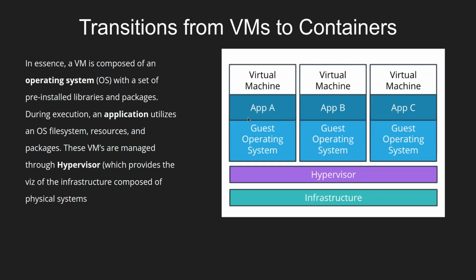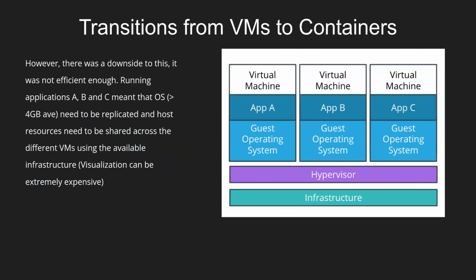So in this image, you will see that I've got a virtual machine A, B, and C. And in essence, all these virtual machines will be running on your infrastructure, sharing all those resources, which in most cases can hinder the application's performance. And the one downside of this, I did mention that you are sharing the system across all these VMs.